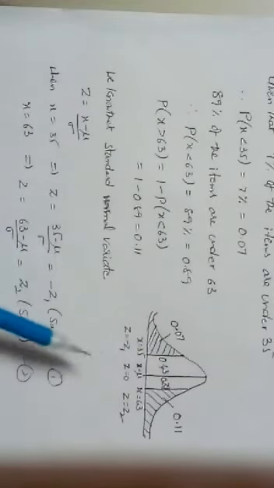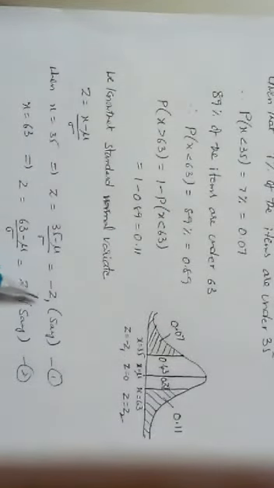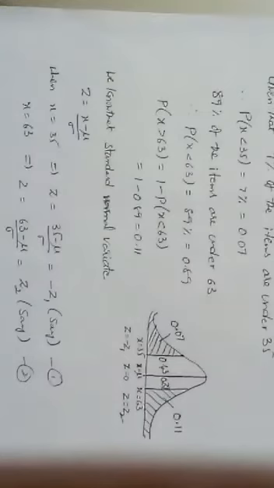Why? Because that is the left side of this symmetrical line, so specified as negative. Next, x is equal to 63 is substituting in this z again. So 63 minus mu by sigma, that is equal to z2 positive. Why? Because right side of this symmetrical line.